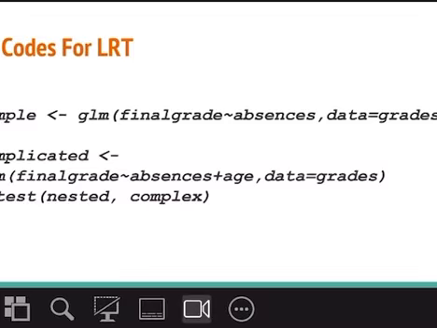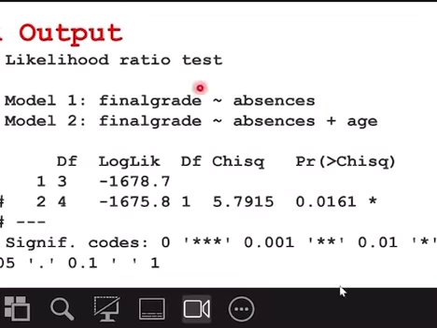When I run it, this is the p-value. We compare the p-value with the level of significance. Here the p-value is less than 0.05, so we reject the simpler model in favor of the complicated model. The decision remains the same. That makes sense?